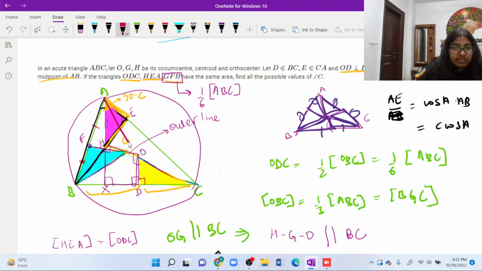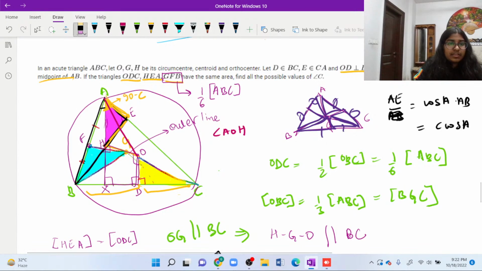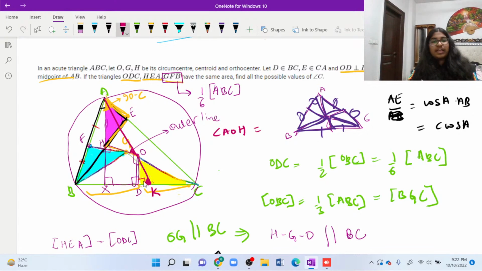Here, if we chase some angles, we'll also find that angle AOH equals, let this point be K. So angle AKX, because HO is parallel to XK, is just angle KAC plus angle KCA.